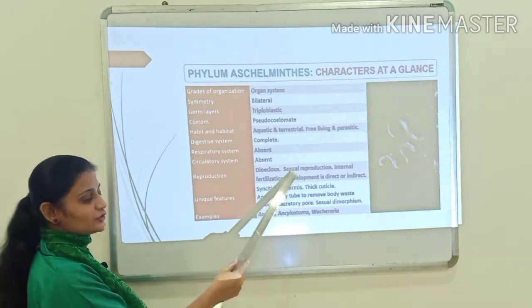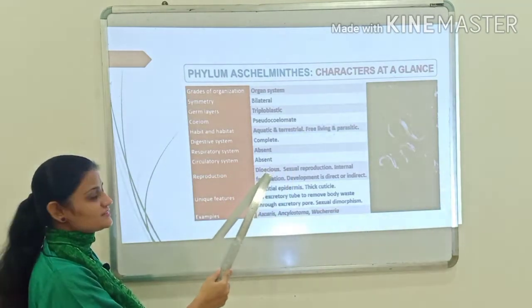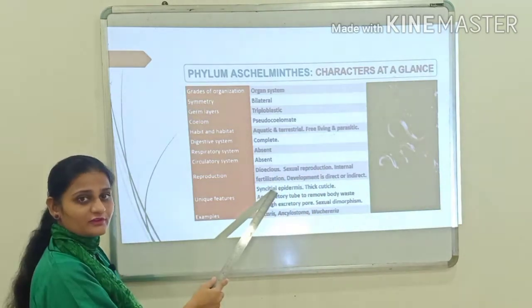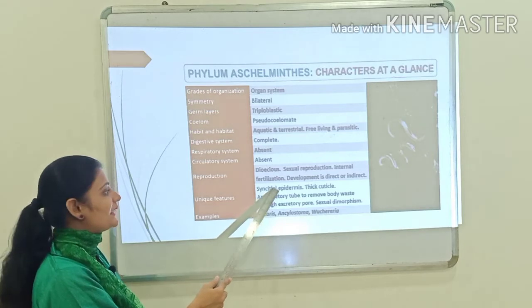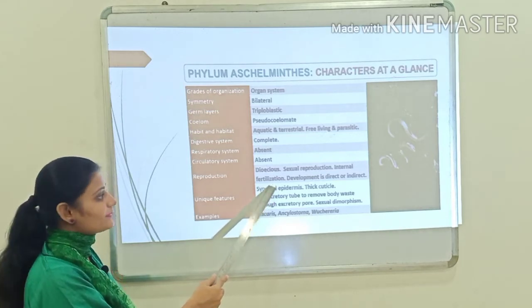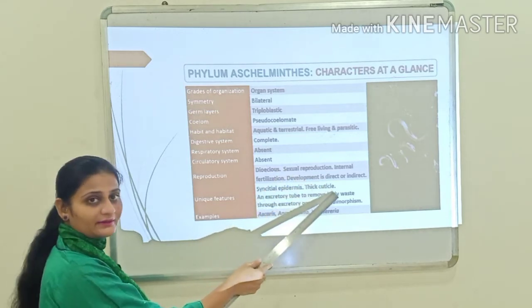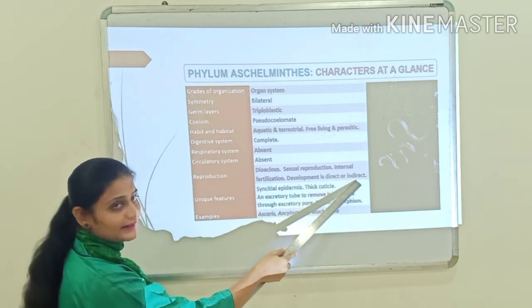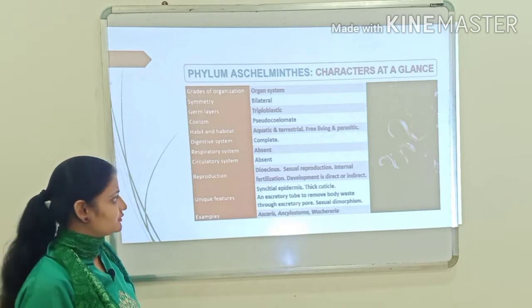Reproduction is sexual and the organisms are dioecious. Internal fertilization is observed, that is, fusion of male and female gametes takes place inside the body, and development may be direct, that means a larval stage may not be produced, or it may be indirect where a larval stage is produced.